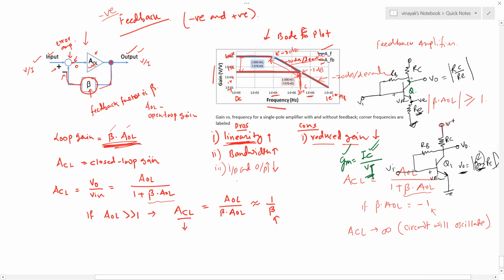So let's say you have IC that is changing, therefore the IE here will change, and therefore the VE, which is the drop across RE, will change. So depending on IC goes up or down, IE will go up and down, and hence the VE, and VE is basically VI minus VBE. And the VBE here would be VI minus VE, actually.